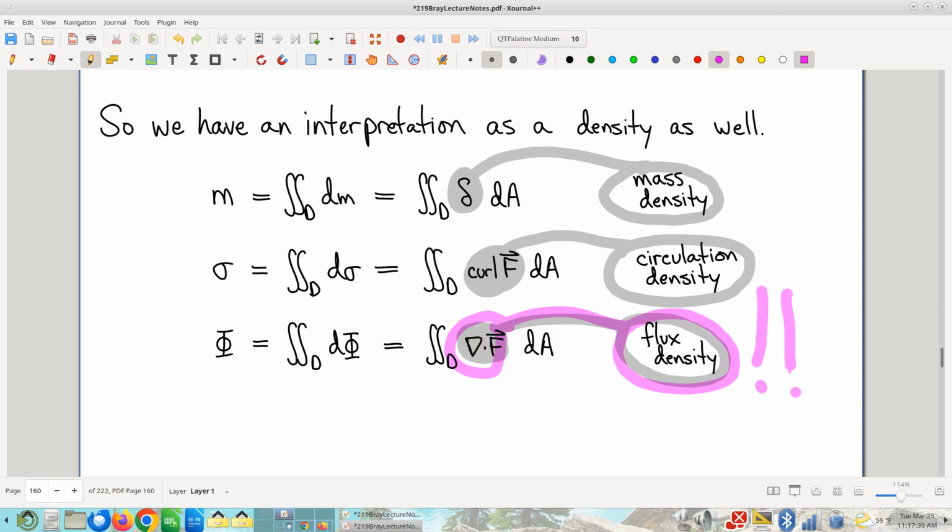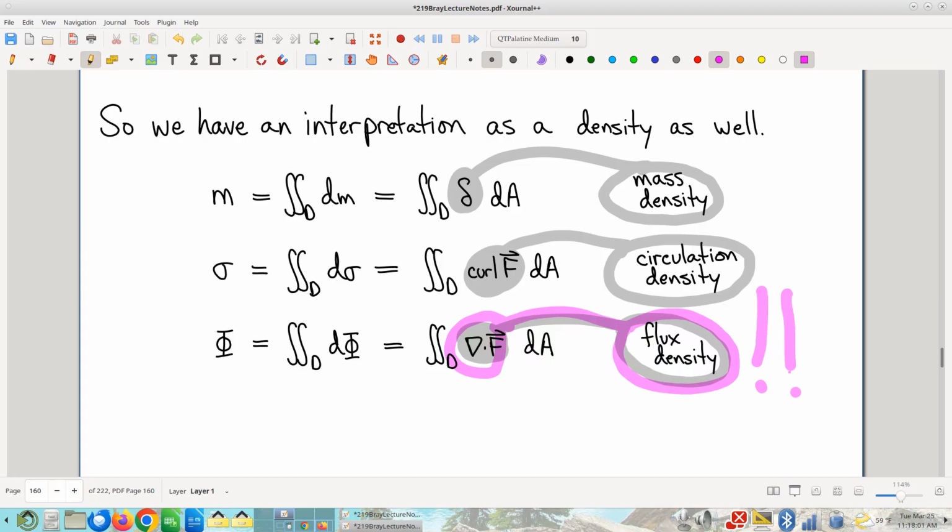It's a very common term, and it's so natural. It makes loads of sense. Why do we call it flux density? Because it is literally the density of this stuff called flux. It could not be more natural. So heads up, you're going to hear that term, and again, big fan, because it speaks to the point. That's how you should think of divergence.